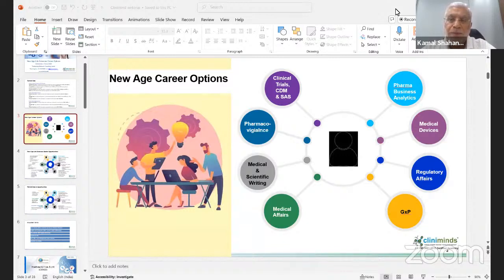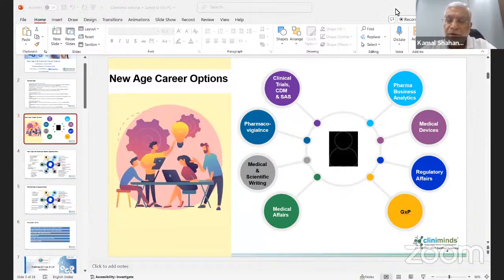Companies prefer to hire people who can understand scientific data, scientific literature, and business literature related to pharma and healthcare, who understand the science, who can statistically analyze the data, and who can write articles and publications for journals, and articles for pharma and medical device companies. So a lot of writing opportunities are emerging, and a large number of companies are now outsourcing this process. India is again a big center for this.